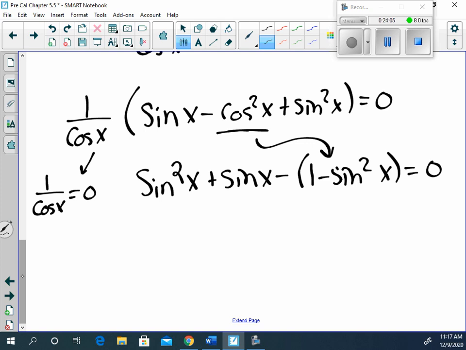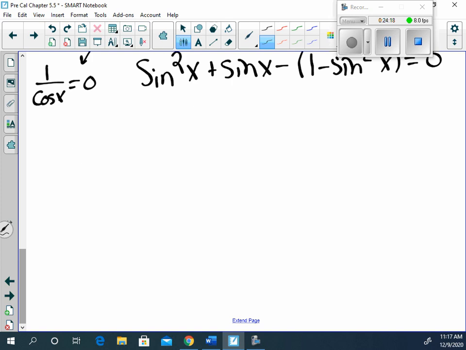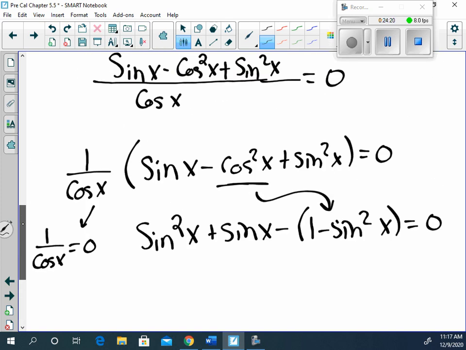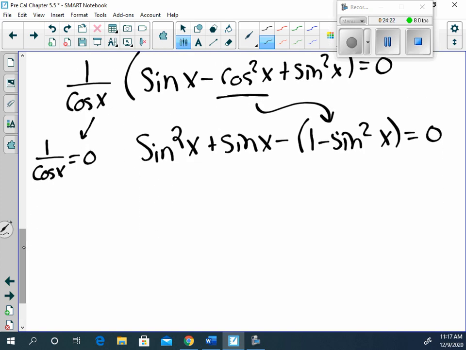So this here is our trigonometric identity, or this Pythagorean identity. So 1 over cosine of x equals 0. Will this ever work?